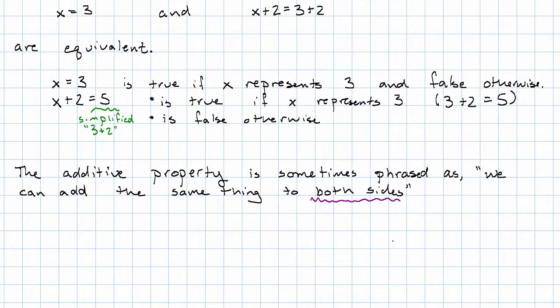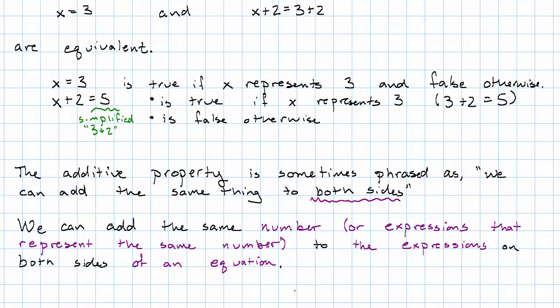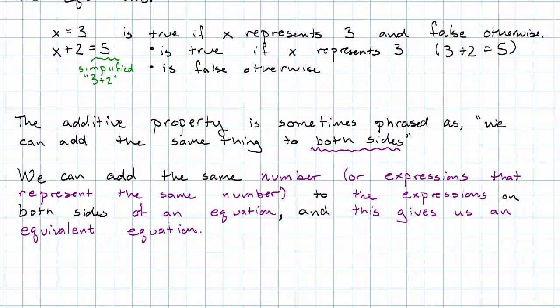When we say we can add the same thing to both sides, we mean that we can add the same number, or expressions that represent the same number, to the expressions on both sides of an equation. Of course we can do that, but what does that give us? It gives us an equivalent equation.